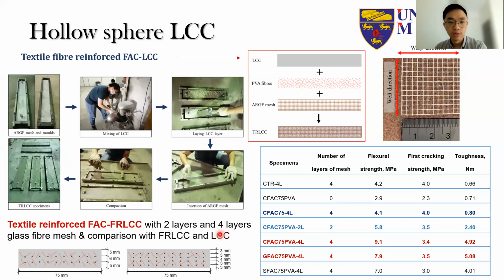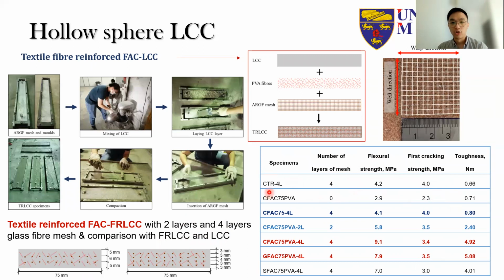We make a comparison with normal textile reinforced mortar, and we also make a comparison with fiber reinforced lightweight cementitious composite without the mesh. And the results are shown here.